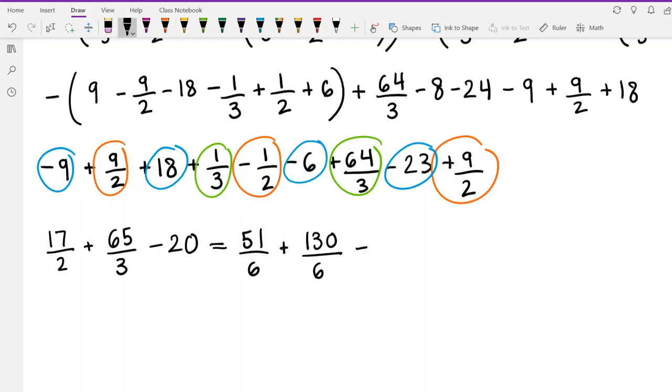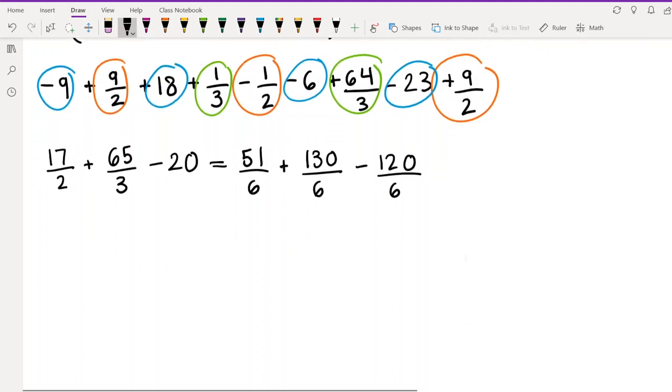And then this would be negative 120 over 6. And so altogether, our answer comes out to be, so 51 plus 130 is 181 minus 120 is 61 over 6. And again, our units are meters.